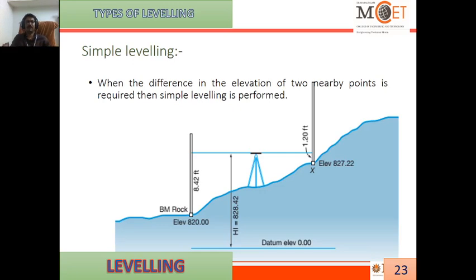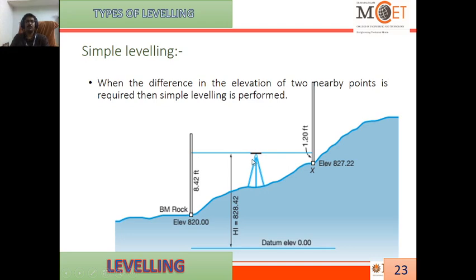What is simple leveling? It is used when the difference in elevation of two nearby points is required. Say I require the elevation value of this point and this point. I can place the instrument at the middle of those 2 points or somewhere else, such that both points must be visible from the instrument position.